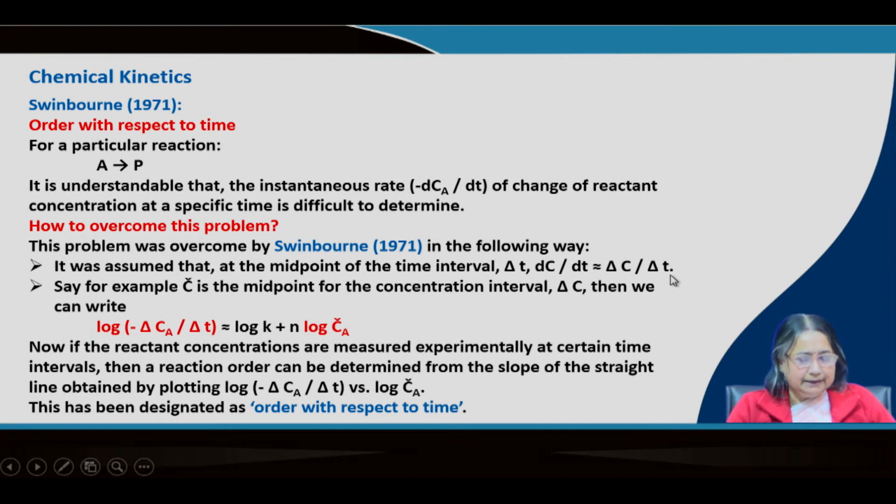And c average is the midpoint of the concentration interval delta c. If you assume this, then you can say that log of delta c by delta t is equal to log k plus n log c average.